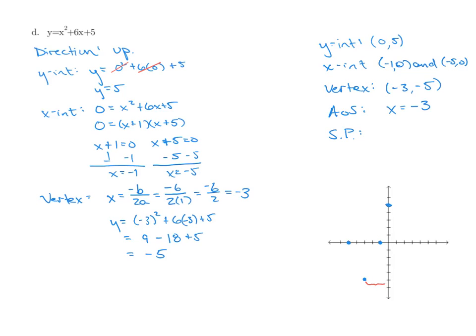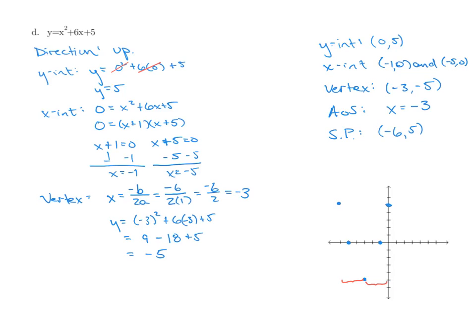If we move 3 to the right of the vertex, we're at 0, 5. So I want to do the same thing on the left. If we move 3 to the left, we're also going to be at 5. So our symmetric point is going to be negative 6, comma 5.